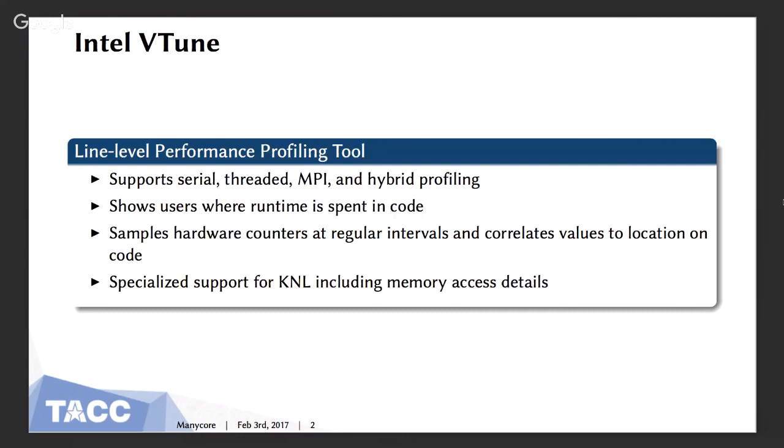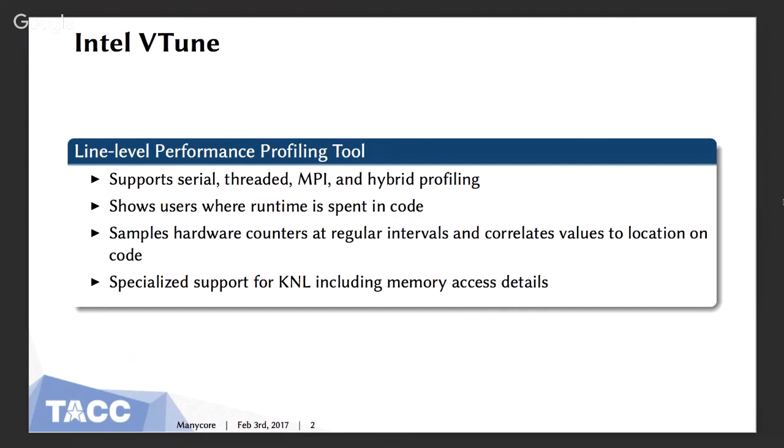If you're not familiar with what a hardware counter is, it's just a register in the processor that will record things like the number of instructions that have been run, the number of accesses to memory that have been performed, things like the number of loads to the L2 cache.